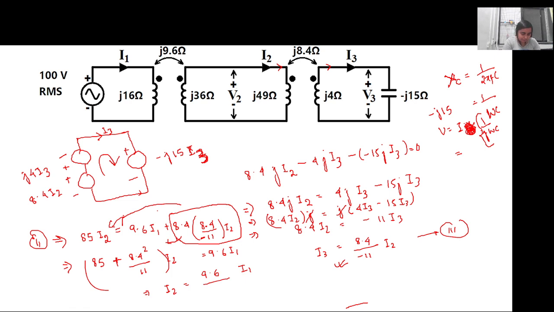Is it fine? Yes, ma'am. Got it. So we'll just calculate this. 8.4 square by 11. So it is 91.4145.